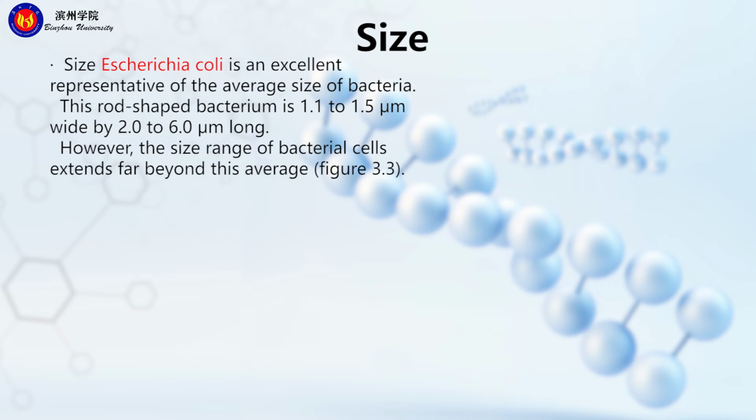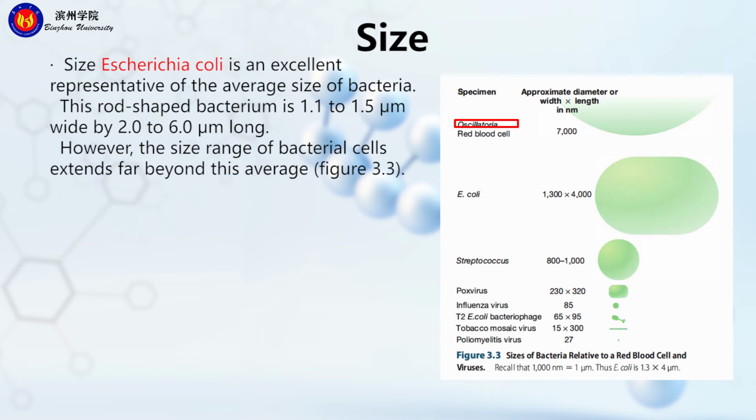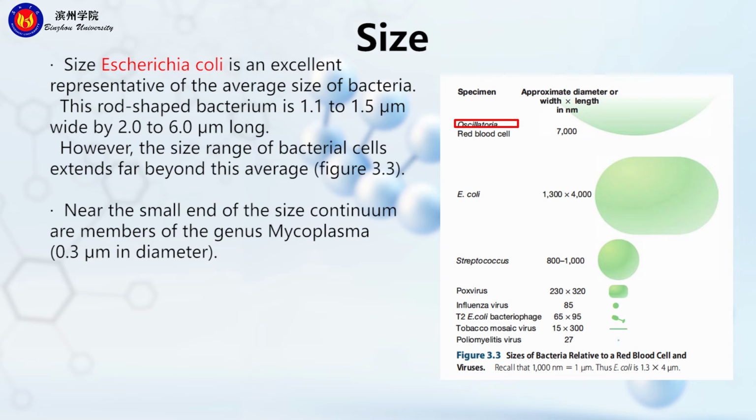However, the size range of bacterial cells extends far beyond this average. Near the small end of the size continuum are members of the genus Mycoplasma. It's about 0.3 micrometer in diameter.